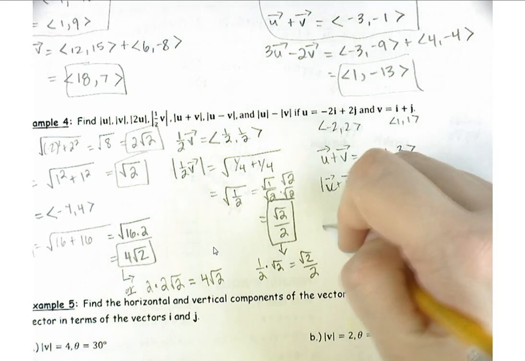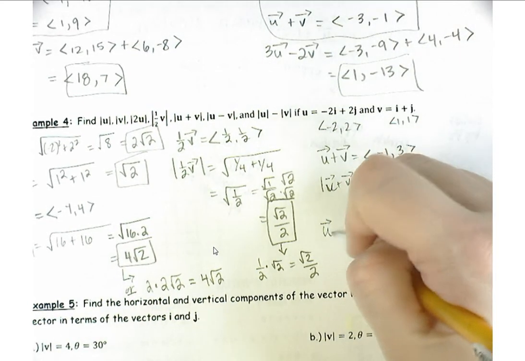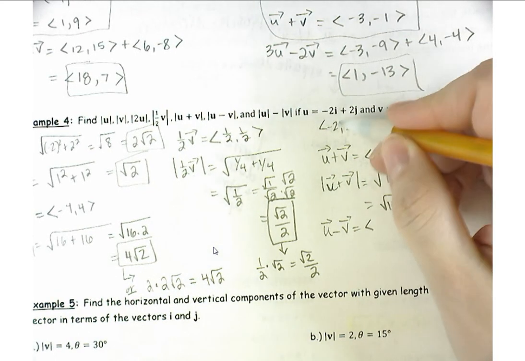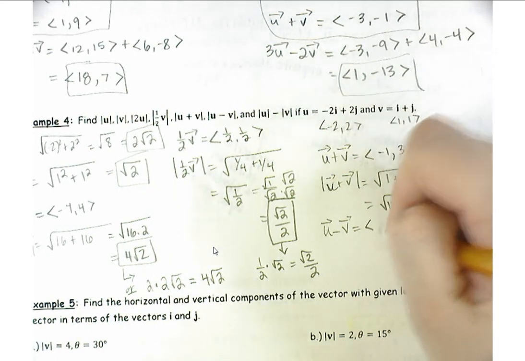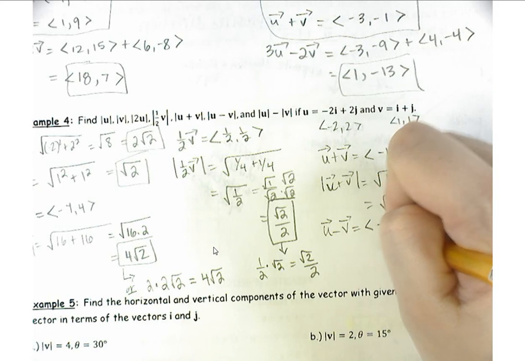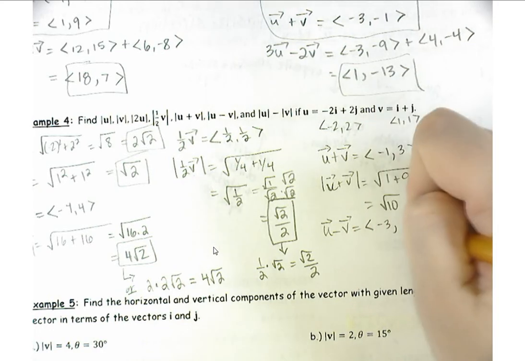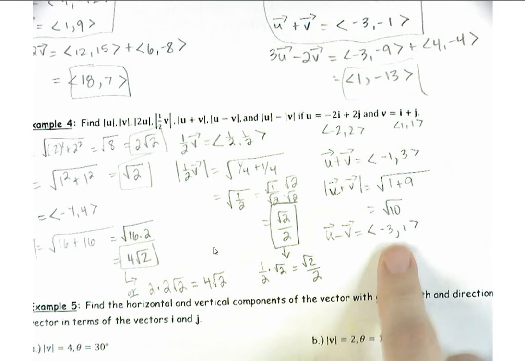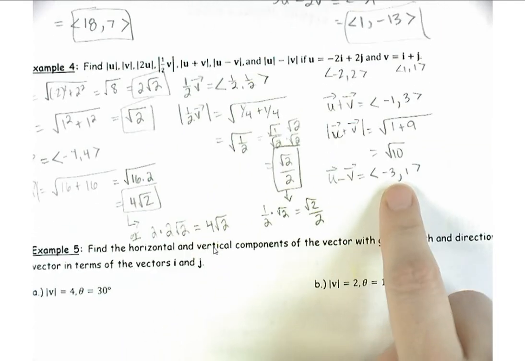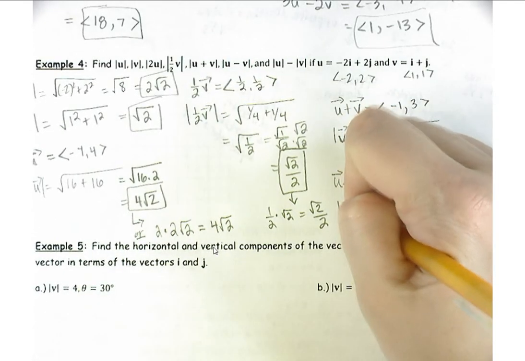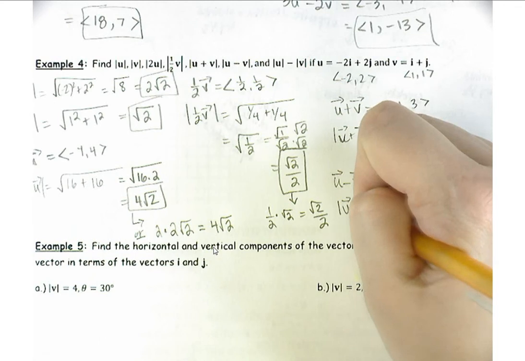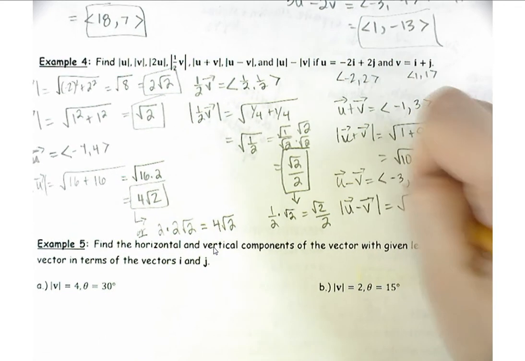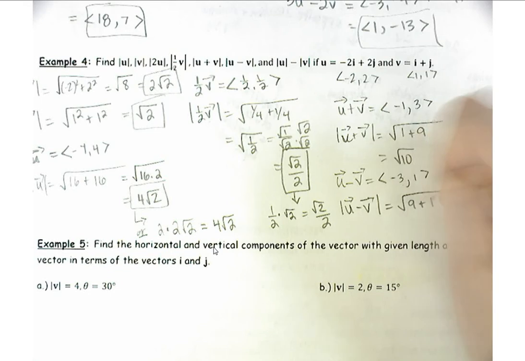And then I can do u minus v. -2 minus 1 is going to be -3. 2 minus 1 is going to be 1. See how these are the same values? You have a 3 and you have a 1. When you do the magnitude, because you're squaring them, you're going to get the same thing. So -3 squared is 9, 1 squared is 1, so you're going to get root 10.